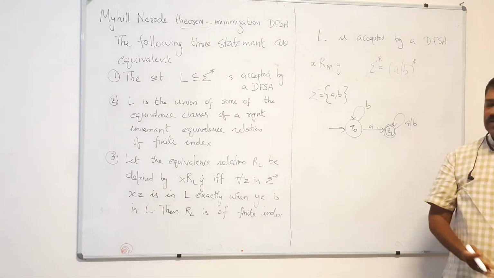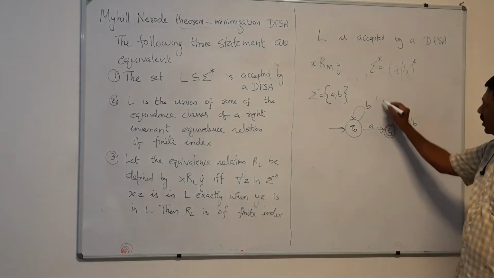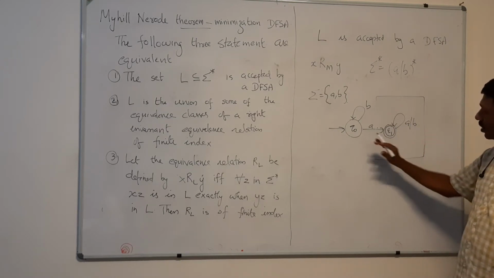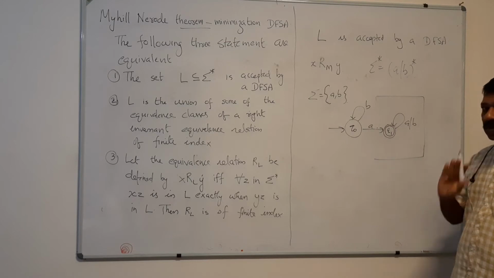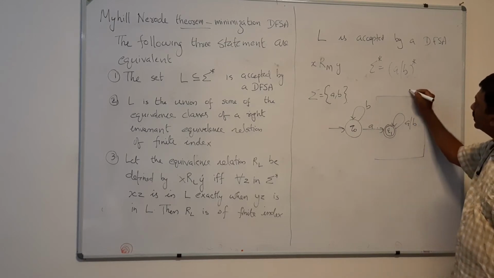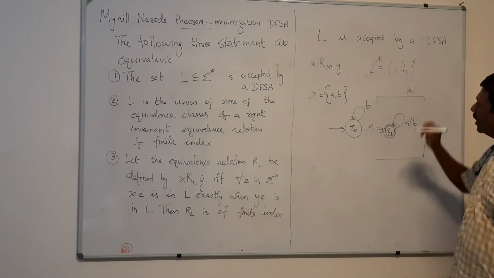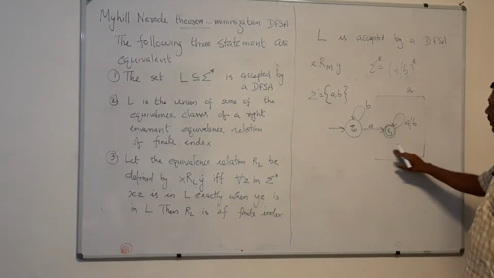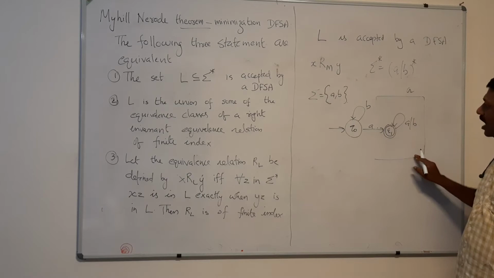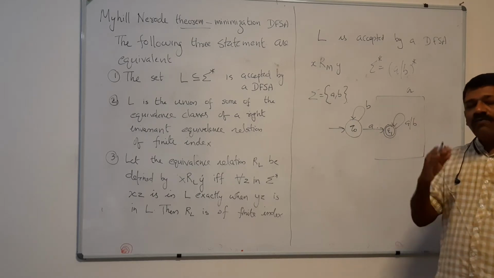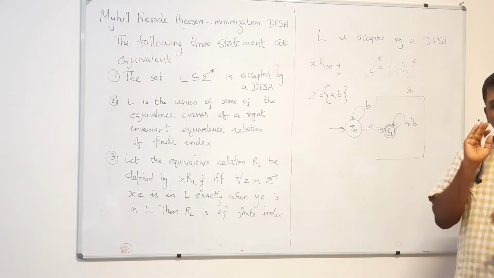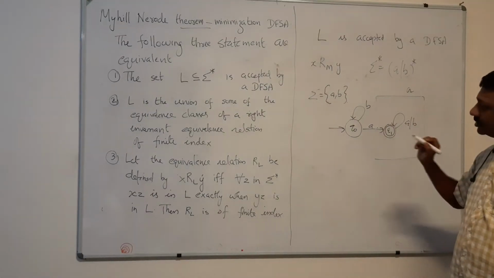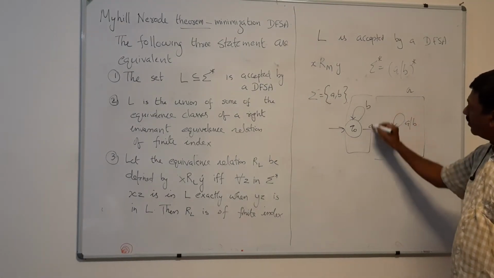Now we can partition that into two. This will accept all strings which have at least a single a. If your input string has at least a single a, it will be accepted by this. And if you have only b's, no a's in your string, then it is not accepted, and that is represented by this.